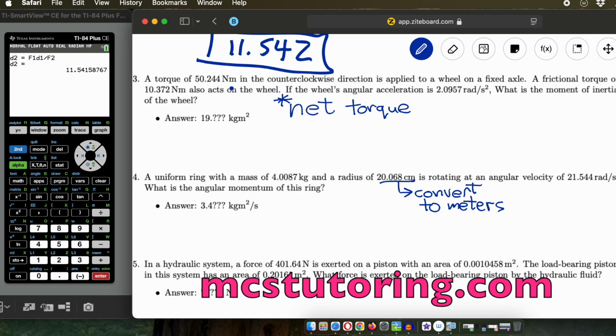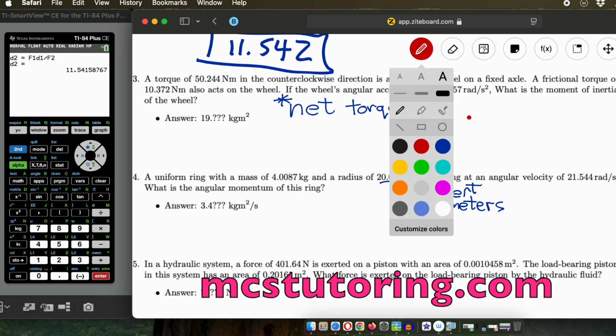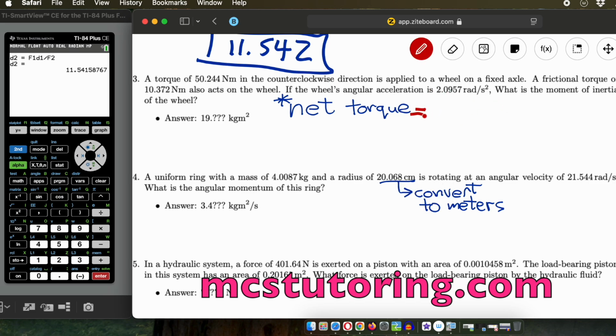Friction is in the opposite direction of the initial force, so the net torque is 50.244 minus 10.372. That's why it's important to calculate the net torque. The angular acceleration is 2.0957 radians per second squared. What's the moment of inertia?